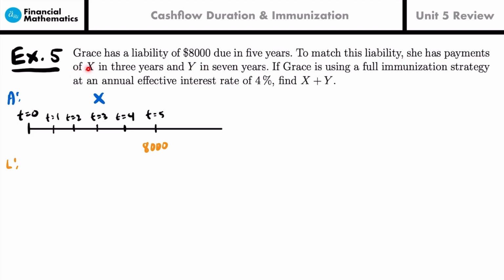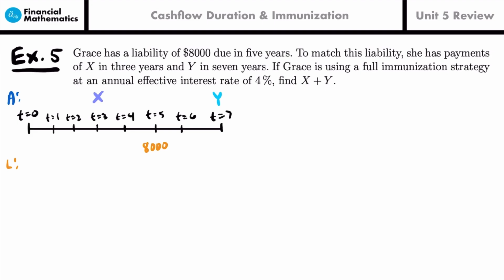So this will be time equals 6, and time equals 7, she'll have a payment of Y. Now, I do like to color code them to match the assets, but since they are two different variables that we are going to have to solve for, I do want to give them their own colors. So I'm going to erase these and write them back in like this. We'll have X and Y. That's just going to make it easier to distinguish between the two. We will need to find both of those and then add them together to complete this problem.